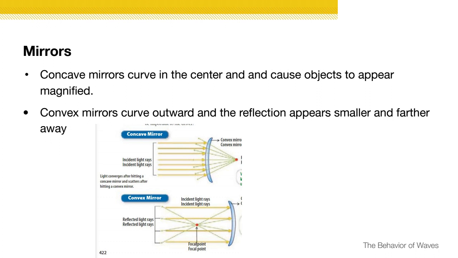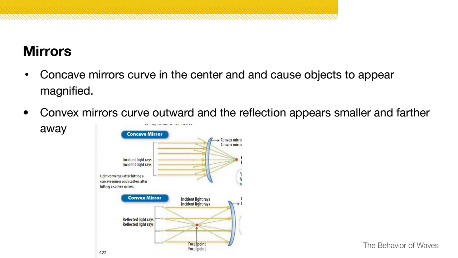So now a little bit about mirrors and lenses. So you have two main categories, and you have the same categories for the lenses. You have this picture in your book too. So you have concave and convex mirrors. Basically, it just depends on the way that they are curved. So concave mirrors basically cause objects to appear more magnified, where convex mirrors allow things to appear smaller and farther away.